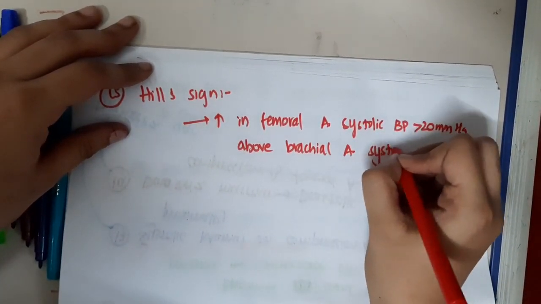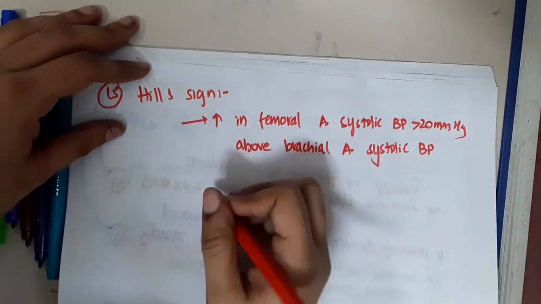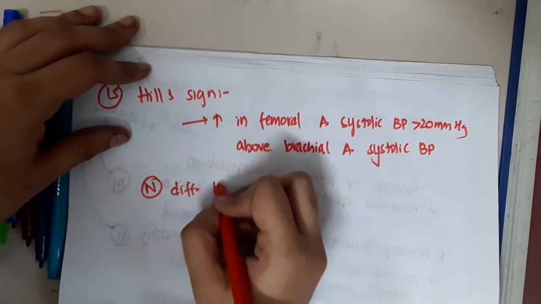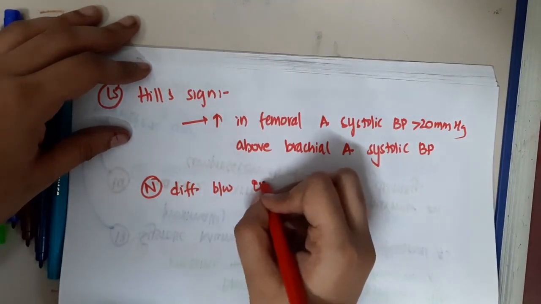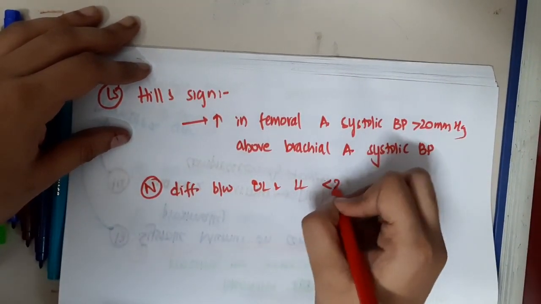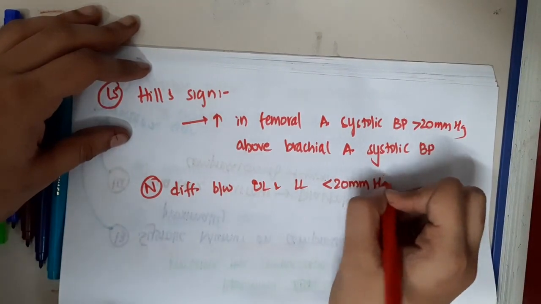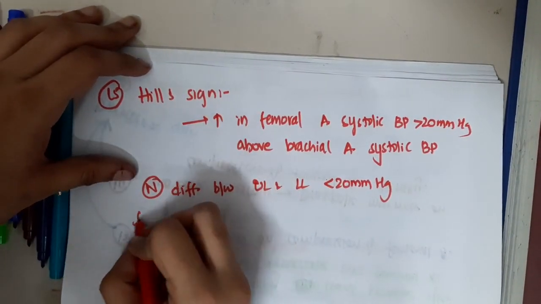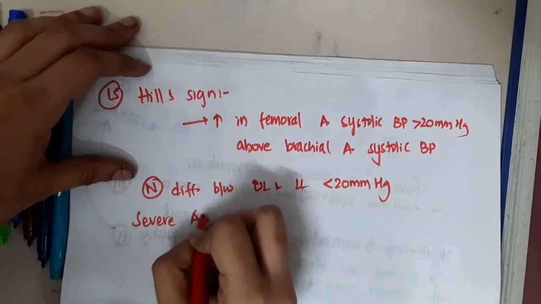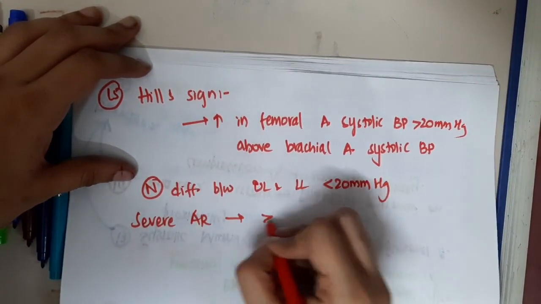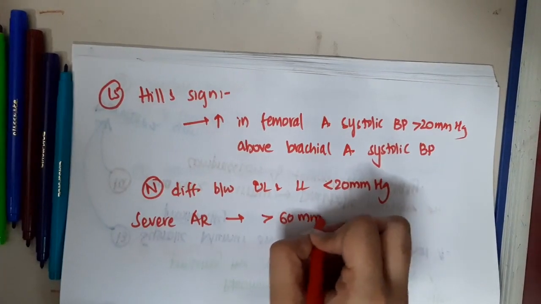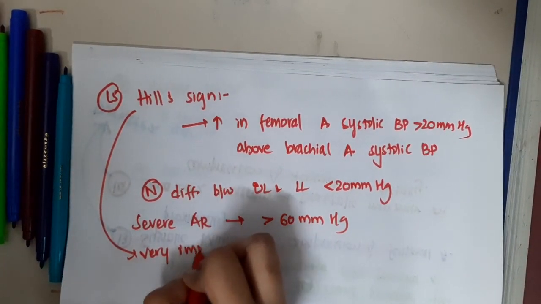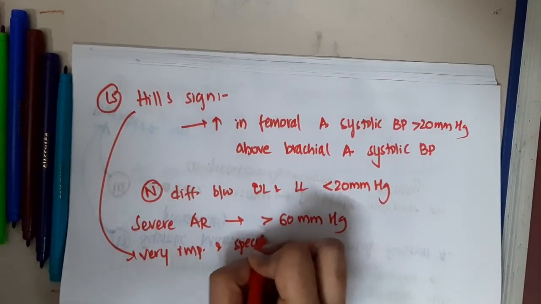Normally, the difference between upper limb and lower limb is less than 20 millimeters of Hg. If it is more than 20, we call it Hill's sign. In severe aortic regurgitation, this increase will be more than 60 millimeters of Hg. So this is a very important and specific sign.